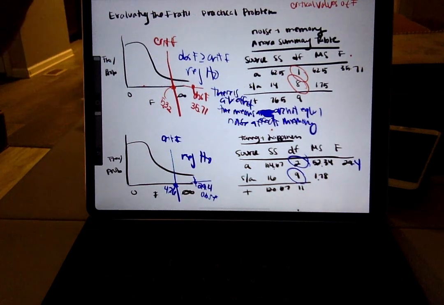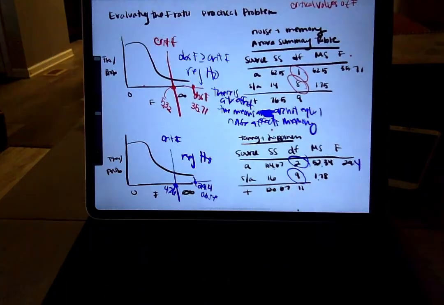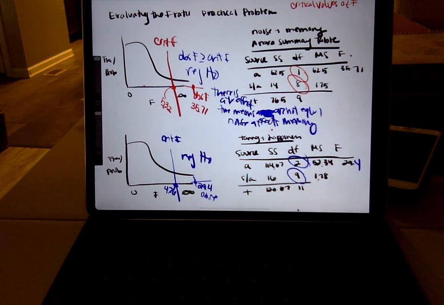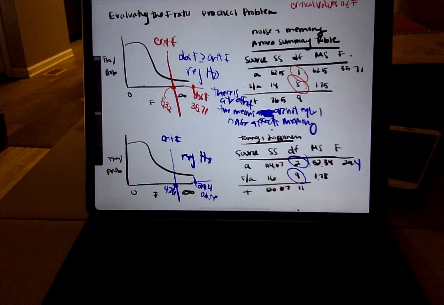Okay, now the only other thing that you need to, well, there's probably many other things that you need to know, but one other thing that's very important is what happens if you go to look up the critical value of F and it's not on the chart. You're going to start to see that. So the critical values table in our book is pages 258, 259, and 260.